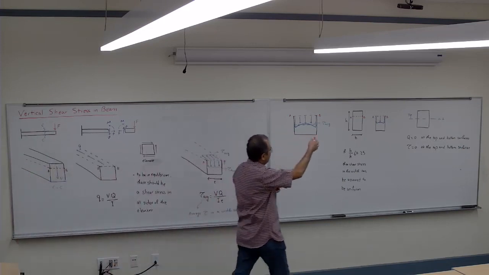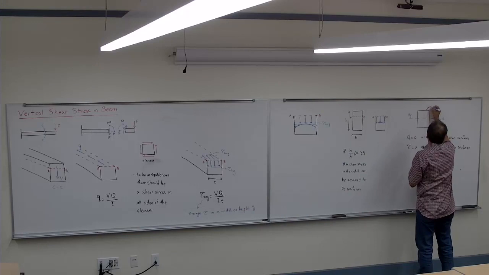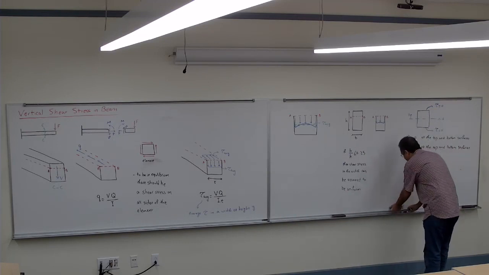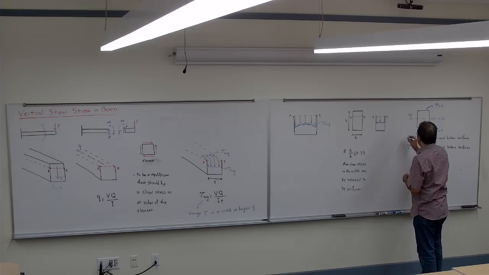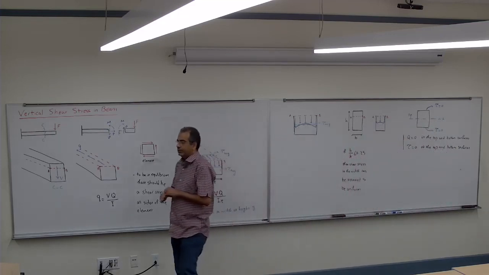So at the very top surface, the tau would be 0 here. At the very bottom surface, also the tau is 0. So that's the first point I want to mention.